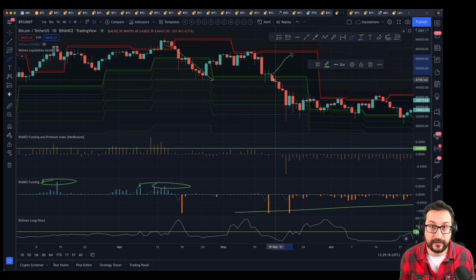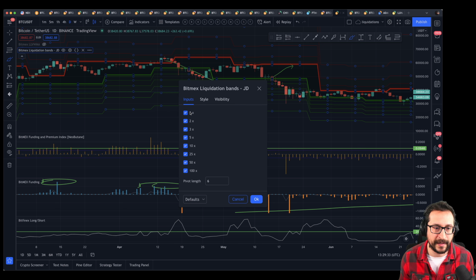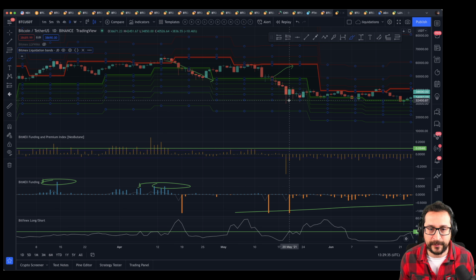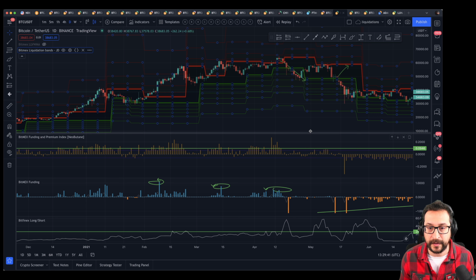100x, 50x, 25x, 10x, all of them liquidated, all the way down to the very bottom. The only ones that, in theory, survive here are the 1x, which is the last one here. But even 2x, in theory, gets liquidated. And that's a massive, massive, massive liquidation event.